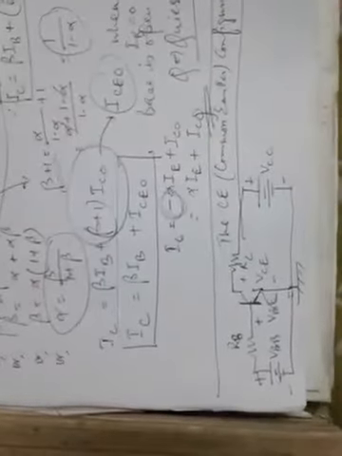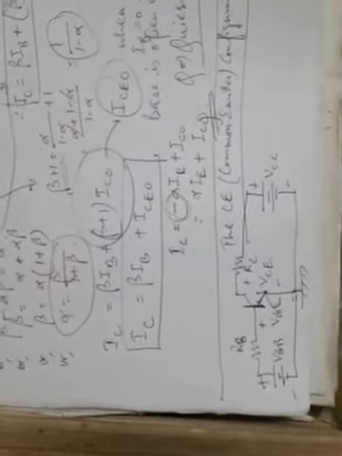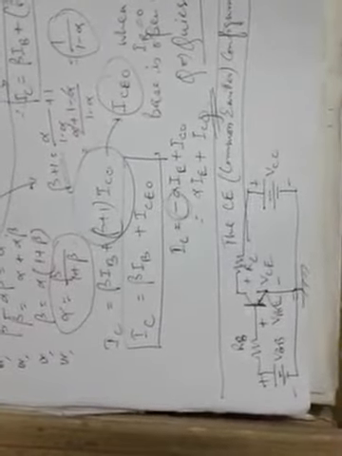So this is the basic circuit of common emitter configuration, and here the common or ground side of each voltage source is connected to the emitter. Because of this, the circuit is called common emitter connection.